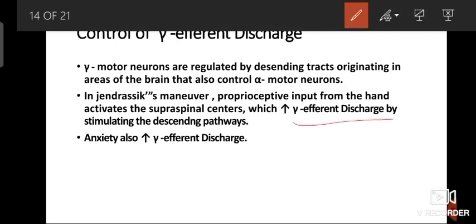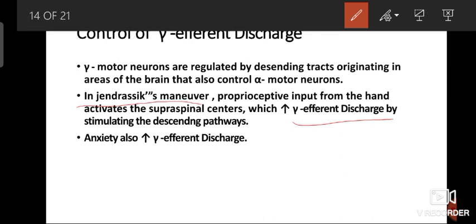What is Jendrassik's maneuver? It increases the stretch reflex by clenching of teeth or hooking fingers.